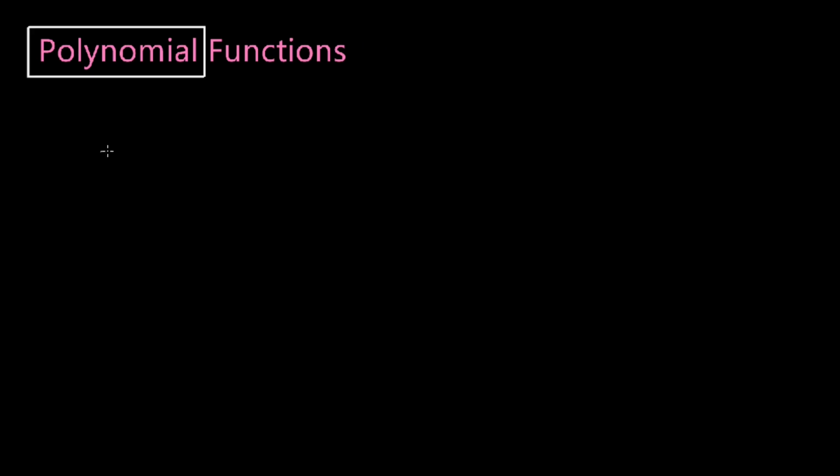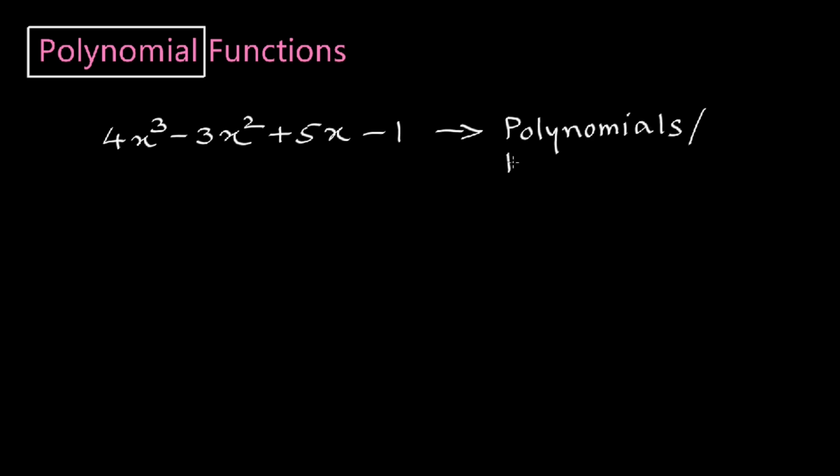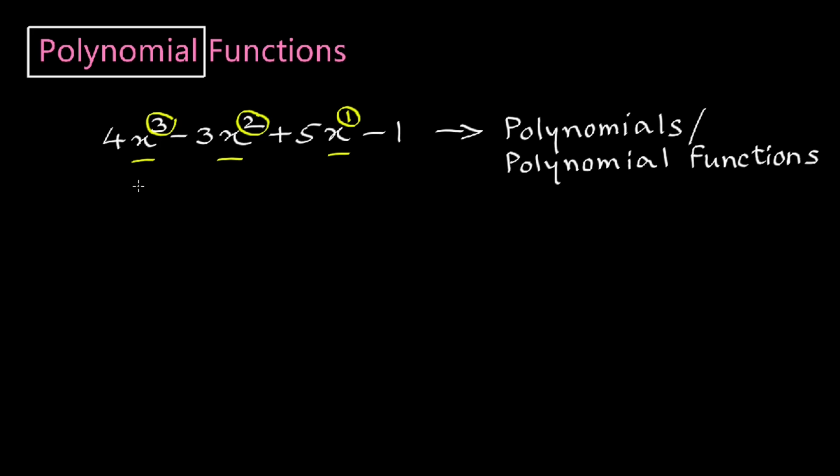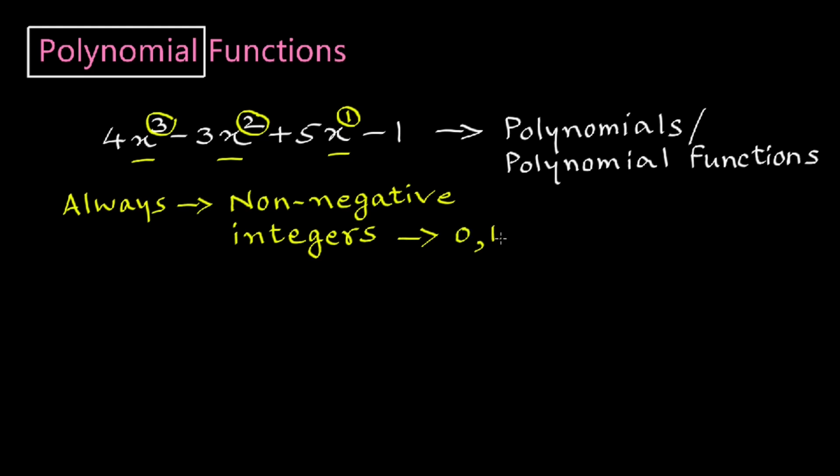In this video, we are going to talk about polynomial functions or simply polynomials. Expressions of the type 4x cubed minus 3x square plus 5x minus 1 are called polynomials or polynomial functions. Here, x is called a variable and the powers of variable x, 3, 2, 1, etc., are always non-negative integers such as 0, 1, 2, 3, etc. They should not be fractions.